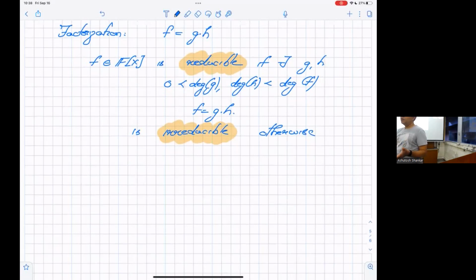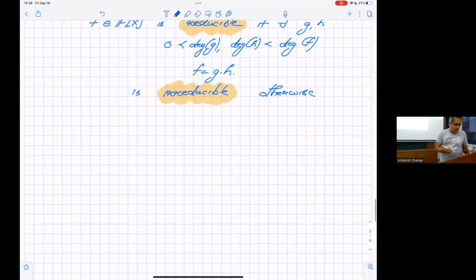Take any number, you can factorize it into primes, and this factorization is unique up to ordering of the factors. There's only one way to factor. And this happens to be true even for multivariate polynomial rings. If you take any polynomial and it's not irreducible, you can keep breaking it until all the parts are irreducible.